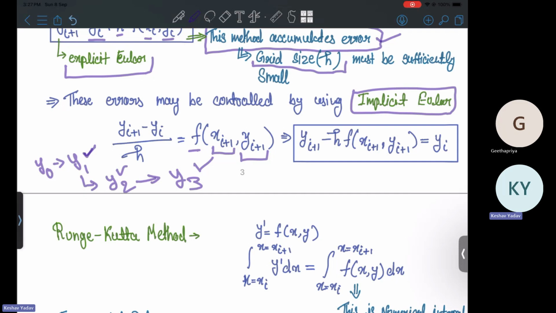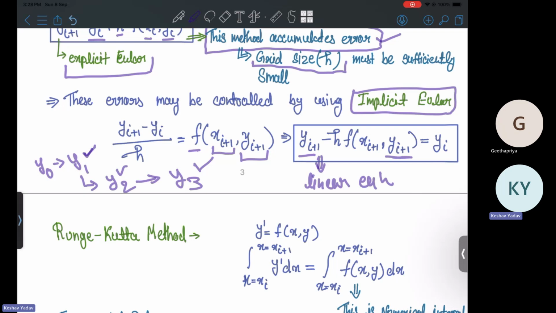So if you manipulate it, you will get yi plus 1 minus h multiplied by f at xi plus 1 and yi plus 1, equal to yi. Here this function is also unknown since y is unknown. So this is kind of a linear equation, which will lead to a system of linear equations that needs to be solved.